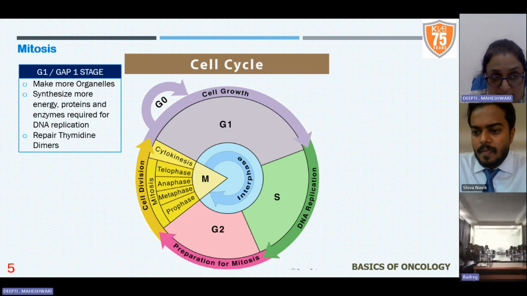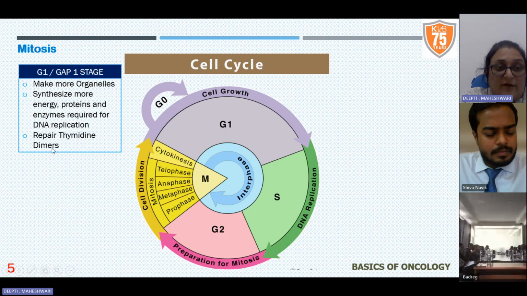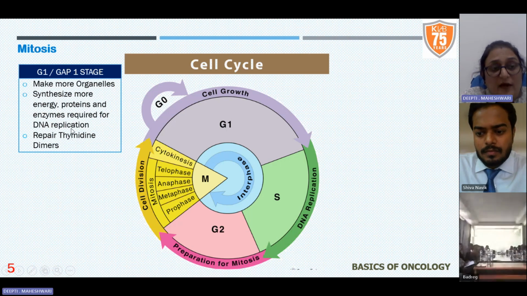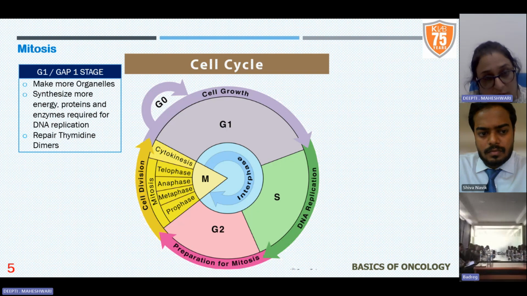Here you can see I have mentioned there is a repair of thymidine dimers. See, DNA is made up of purines and pyrimidines. They have various bases. You have the thymidine base also in the DNA. But here, there is repair of the thymidine dimers.